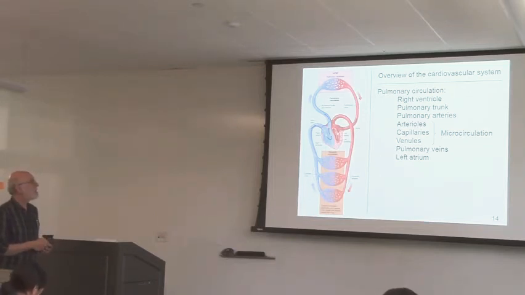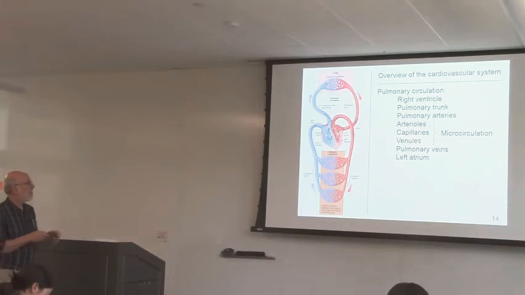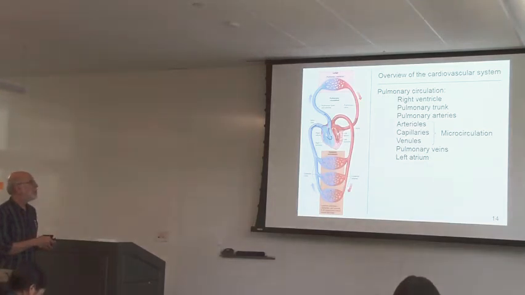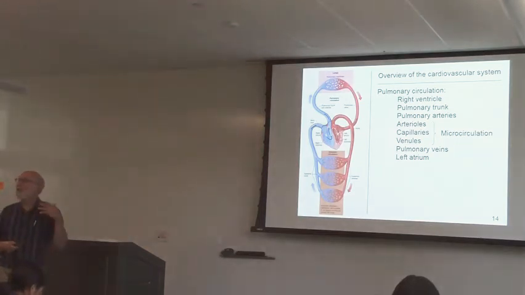And then that divides into pulmonary arterioles, pulmonary capillaries, pulmonary venules, which then merge together to form the pulmonary veins, which bring oxygenated blood back to the right atrium. No, got that wrong. Back to the left atrium.